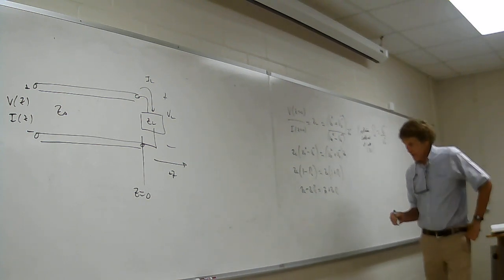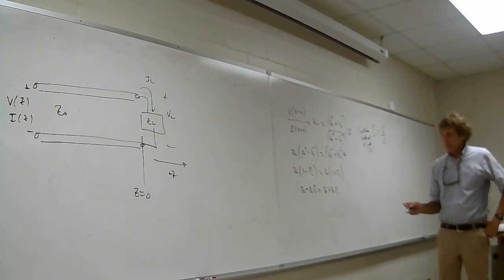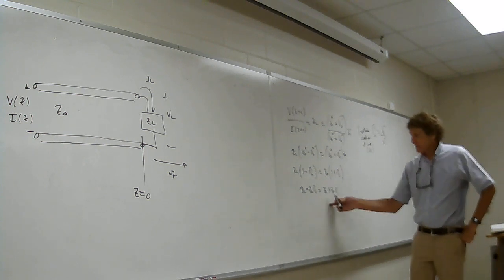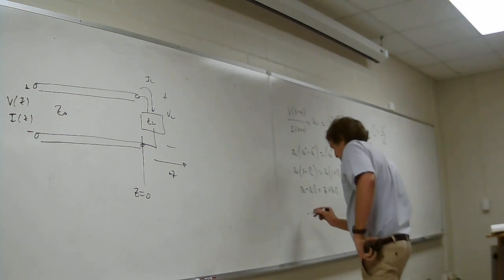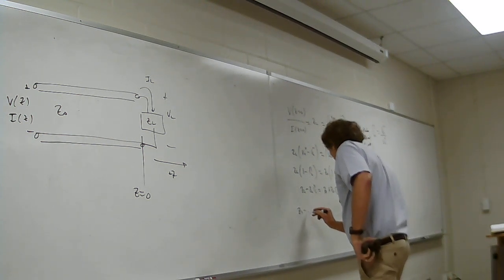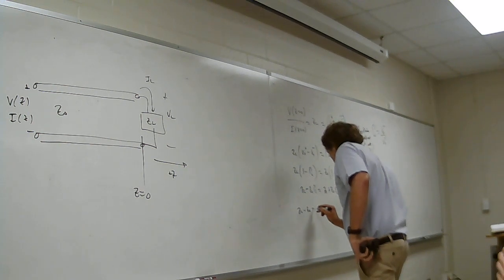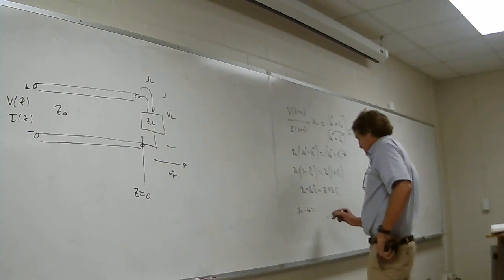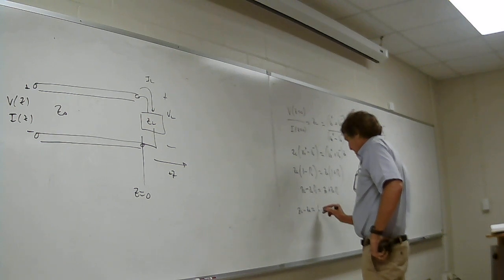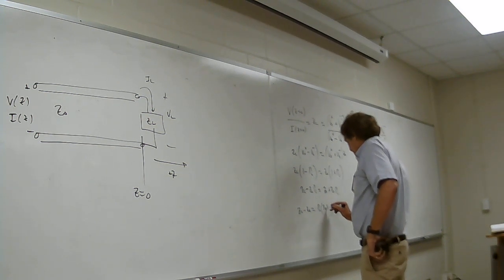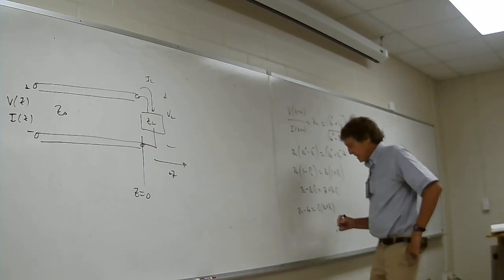Y'all follow me? Now I'm going to take this term to this side, so I have ZL minus Z naught is equal to gamma L times Z naught plus ZL. Follow me?